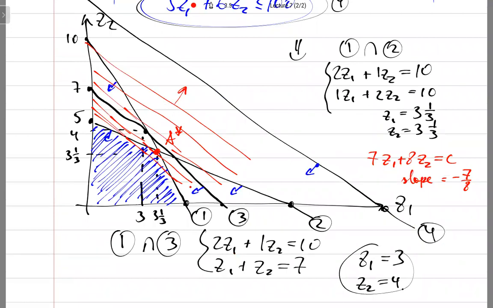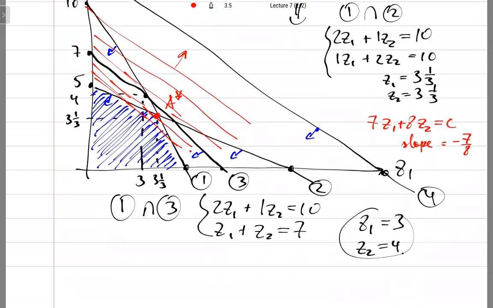So we got all the points, approximately or exactly by the calculation? Exactly. We have found the optimum point A. So I have no approximations.